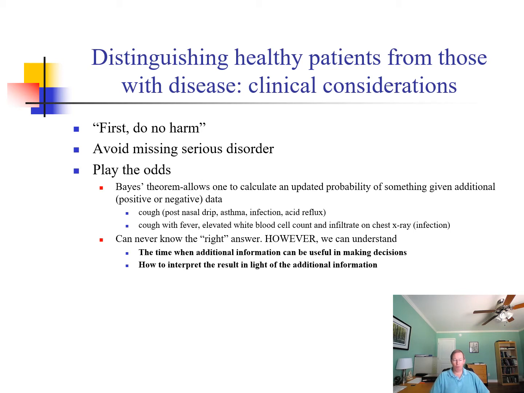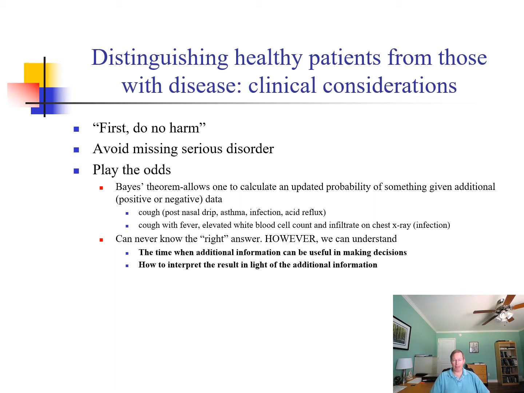You also want to avoid a serious disorder. And those are disorders that could irrevocably either cause harm that you could have avoided, or it could be causing death. And in doing this, physicians really use Bayes' theorem, which I talked about initially in this course.